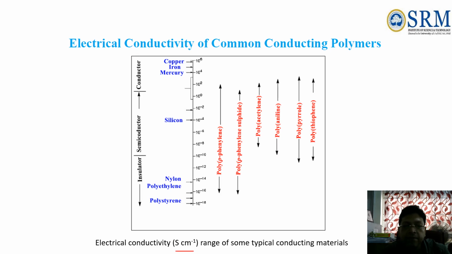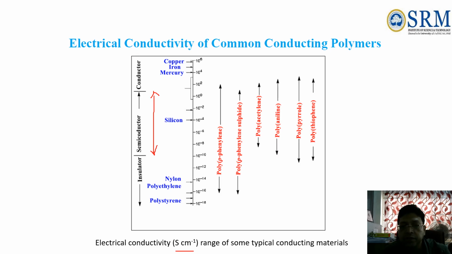If you see on the left hand side, it shows the range of electrical conductivity of some conductors and semiconductors. So the conductors have an electrical conductivity of 10 square to 10 to the power 6 Siemens centimeter inverse, and that includes copper, iron, mercury. If it is a semiconductor, this is the range, and we all know that silicon is a semiconductor.